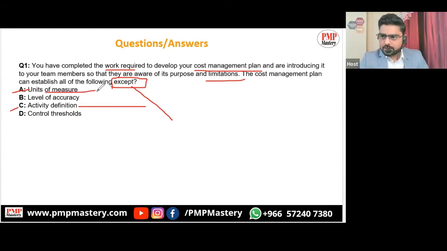Unit of measure. If you recall our discussion from 30 minutes back, the unit of measure, level of accuracy, and control threshold are all components of the cost management plan.